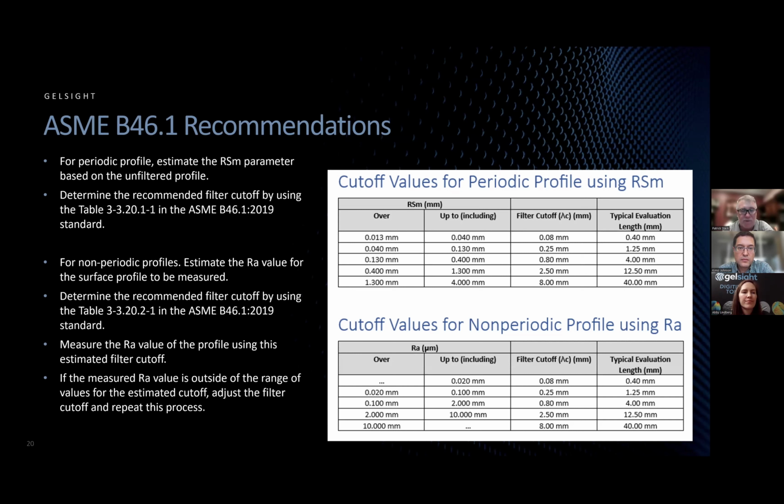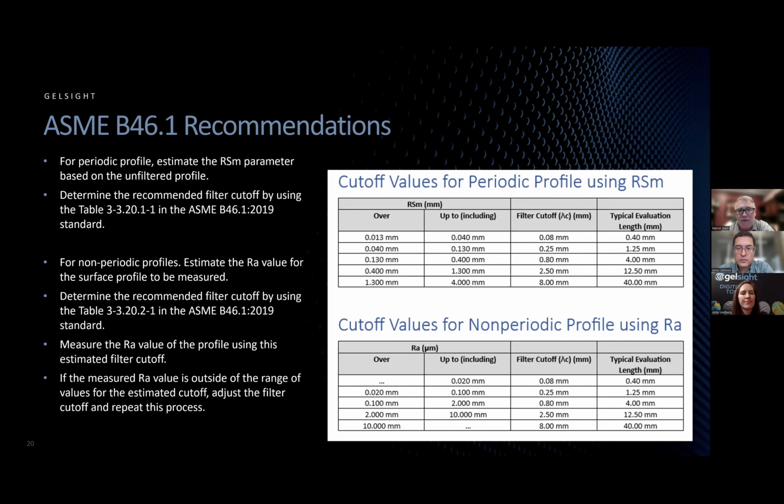You could use the software cursors to try to find that, or you could just simply look at the x-axis on the chart. But once you figure out what that RSM value approximately is, you would look at the first two columns and find out where that falls, and then move to the right, and that would be the filter cutoff that you would probably want to start with.